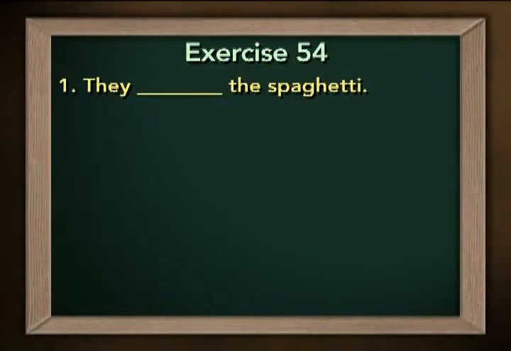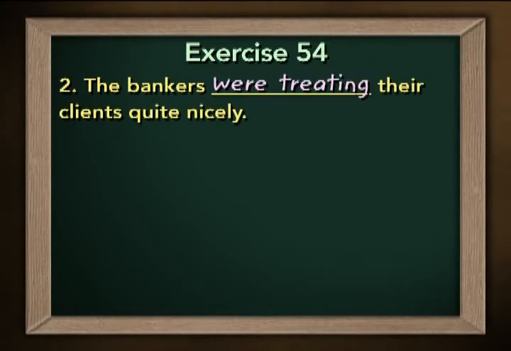Let's review that exercise. You saw they, a blank, the verb taste, and the spaghetti. And you wrote the sentence, they tasted the spaghetti. Taste is a verb of sense. You can't make a past continuous out of that, or you shouldn't. Next one, the bankers were treating their clients quite nicely.